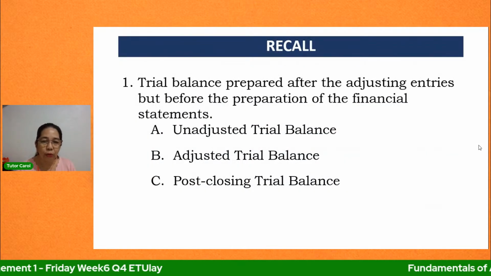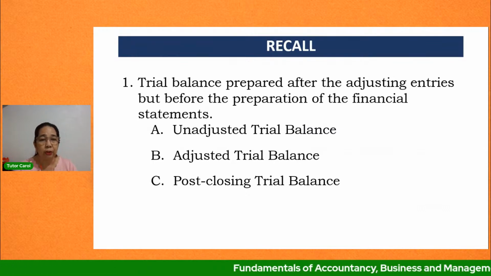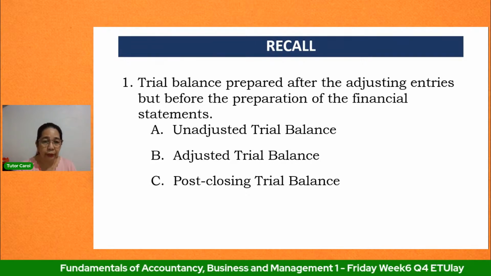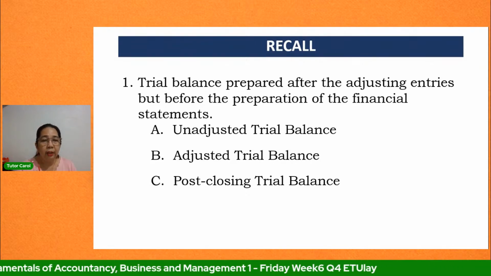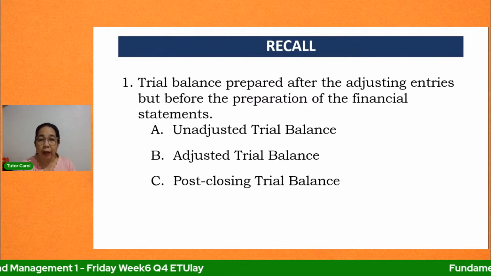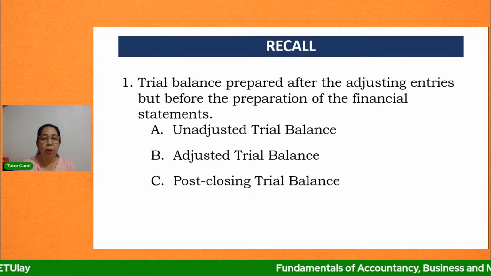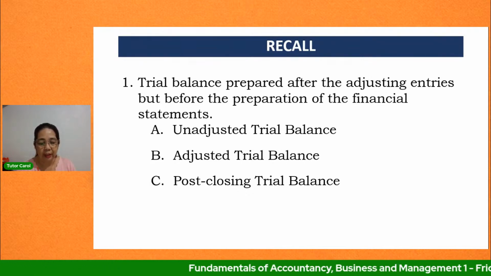Okay, let us recall muna. Sa service type of business, we studied this already. Choose the letter of the correct answer again. Question is, this is a trial balance prepared after the adjusting entries, but before the preparation of the financial statement.